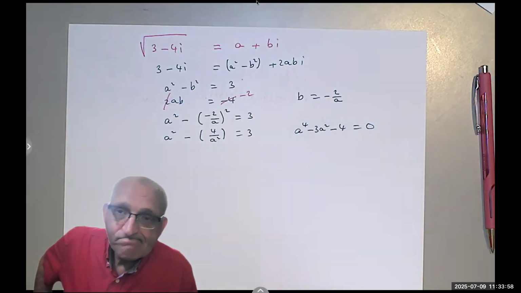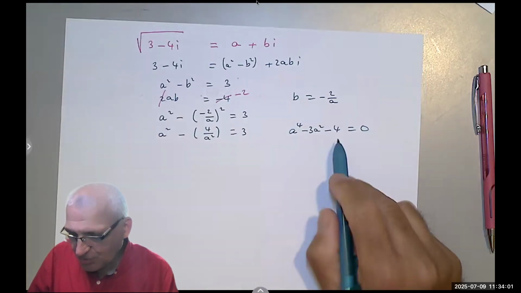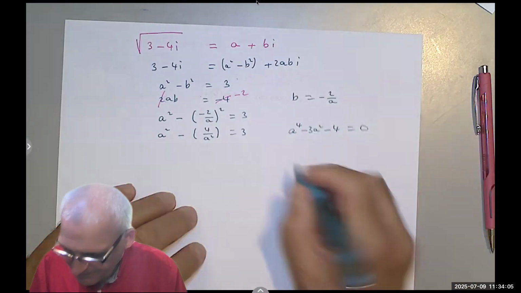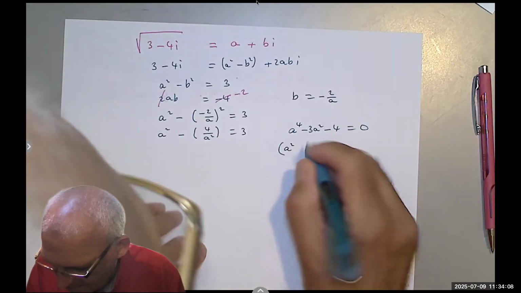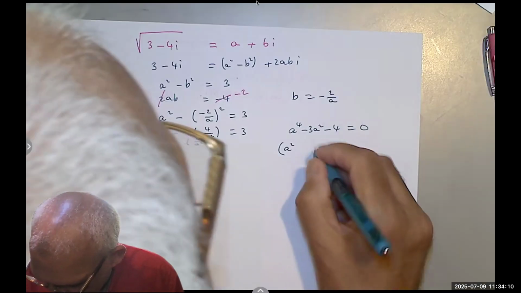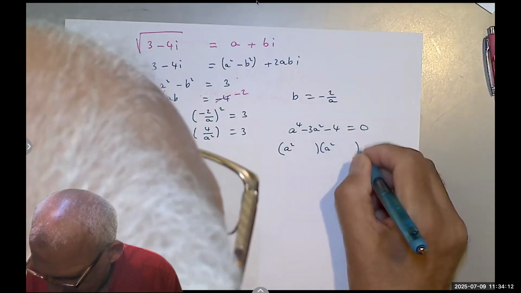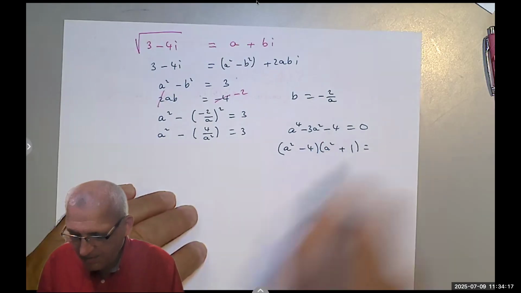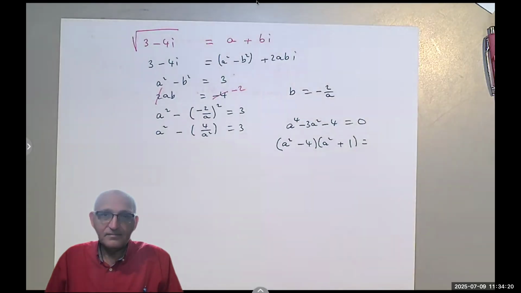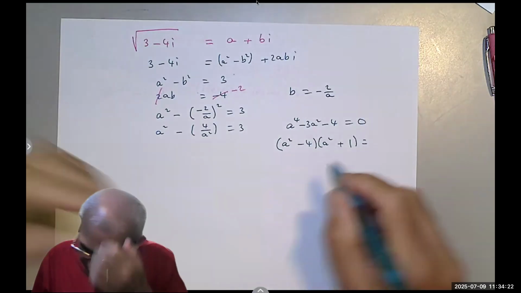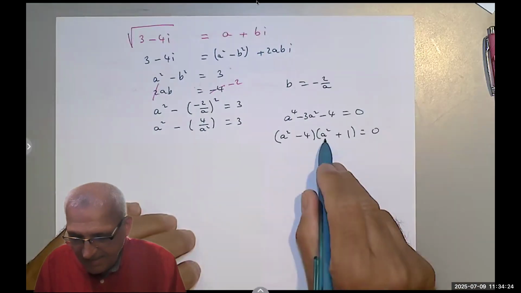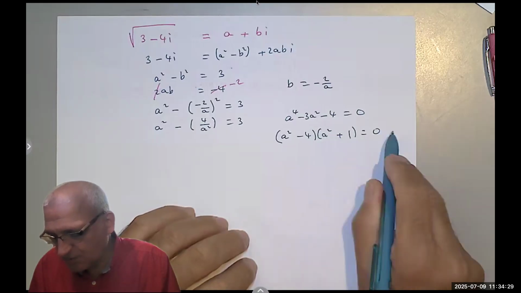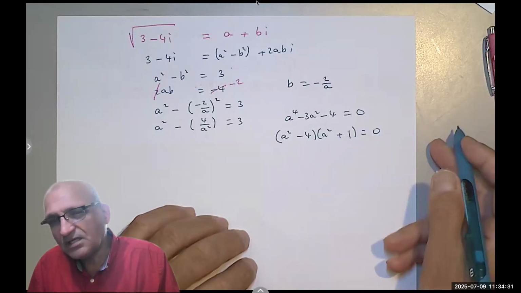Okay? So now I need two numbers that multiply to negative 4 and add up to negative 3, meaning a square and a square. I want to have a negative 4 and a positive 1. And when I solve, notice a is the real portion. If I say a squared plus 1 equals 0, you get a squared equals negative 1.